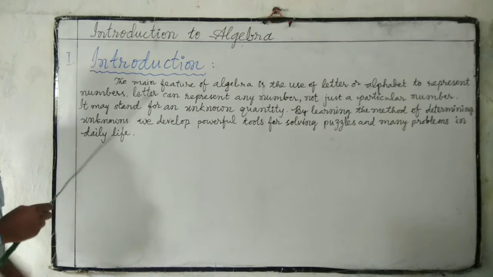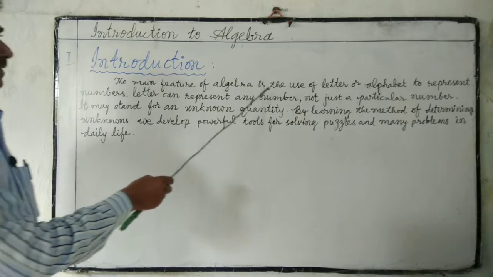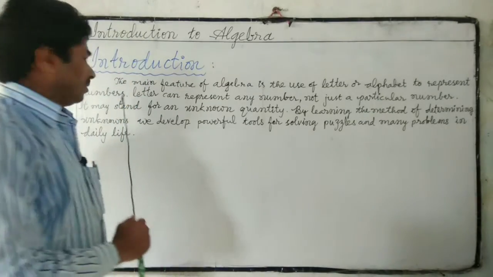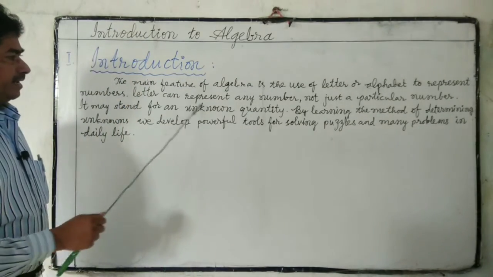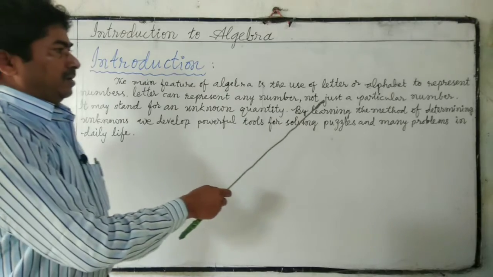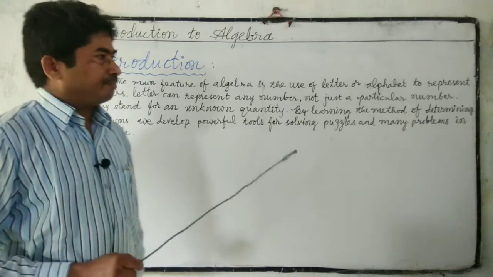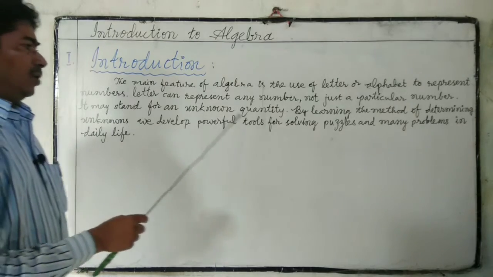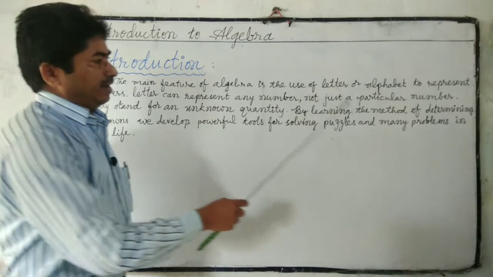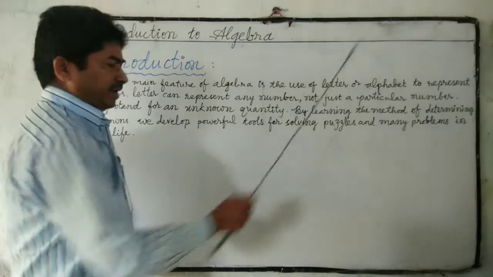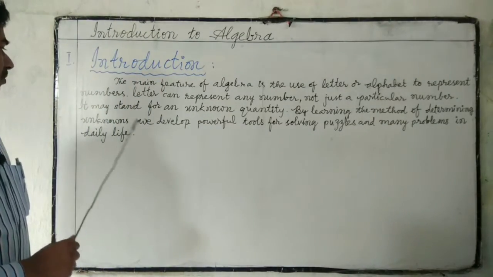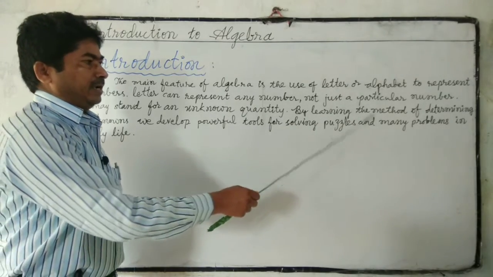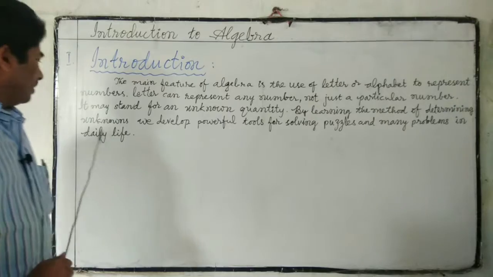The main feature of algebra is the use of letter or alphabet to represent numbers. A letter can represent any number, not just a particular number. It may stand for an unknown quantity. By learning the method of determining unknowns, we develop powerful tools for solving puzzles and many problems in daily life.